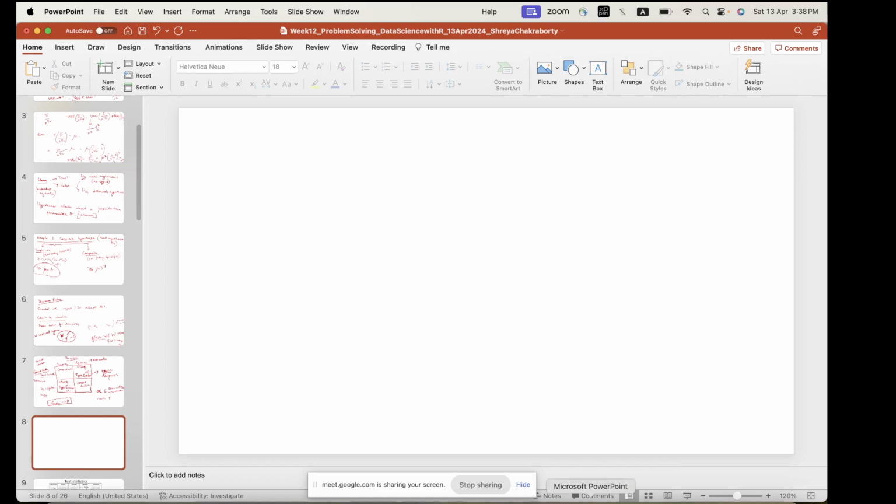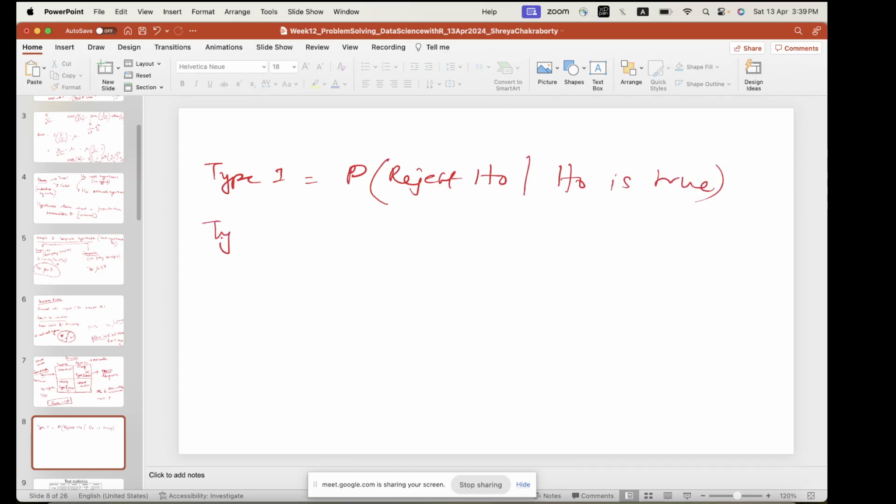Alright, so as I was saying, this is the definition. Type 1 error is the probability of rejecting H naught given H naught is true. Okay, type 2 error is the probability of accepting H naught given H naught is false. Okay, sorry, not probability, this is the error.